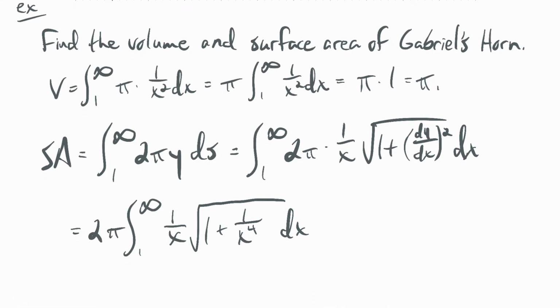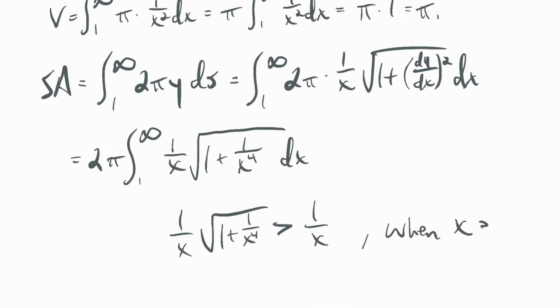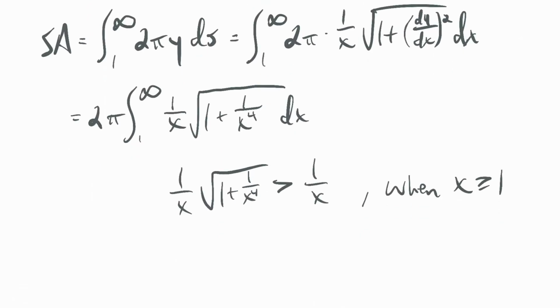Well, it turns out we don't need to, because it's not too hard to show that 1 over x times the square root of 1 plus 1 over x to the 4th is greater than 1 over x when x is greater than or equal to 1. If I multiply both sides by x, I get that the square root of 1 plus 1 over x to the 4th is greater than 1. If you take 1 and add a small amount to it and then find the square root, is the result always greater than 1?